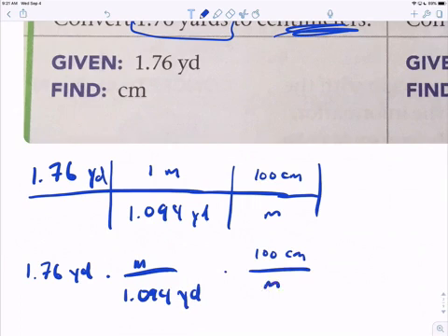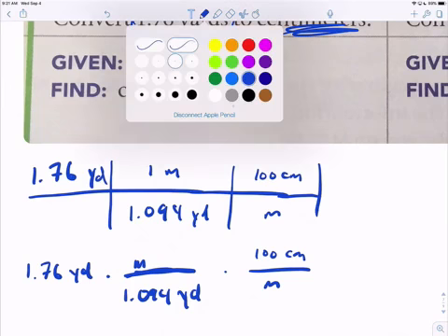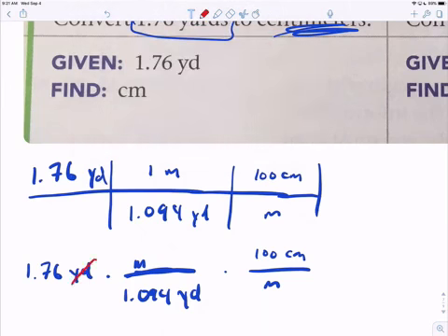I tend to do the grid rather than the multiplication table. If you notice the units here, yards cancel, meters cancel, and you're left with centimeters. This would be 160.9 centimeters.